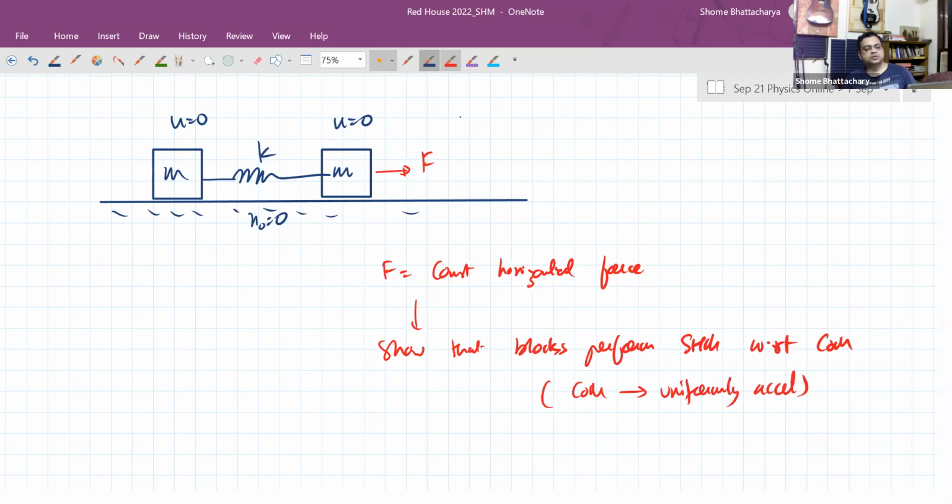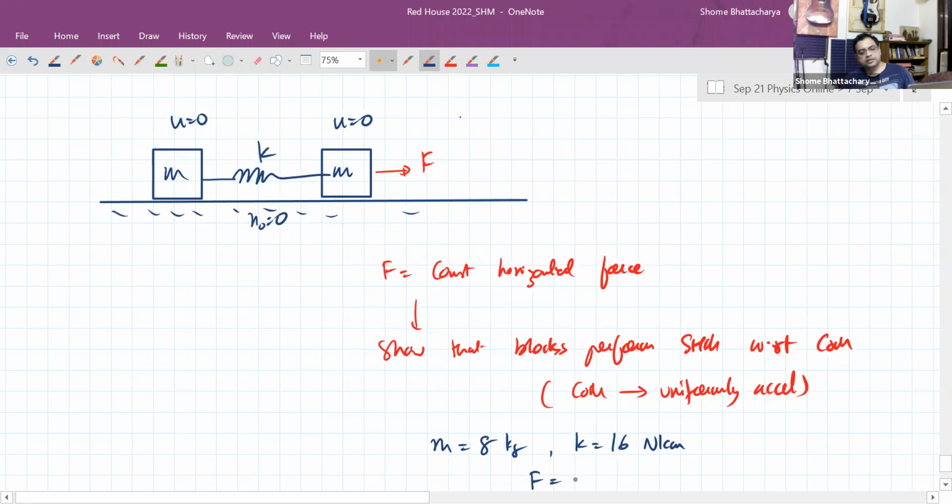And just take some numerical values, for example, take the mass of each block to be 8 kg, the spring constant to be 16 Newton per centimeter, and the force we are applying as 20 newtons. Find the amplitudes, time periods, and all these things of the SHM, the maximum extension and compression of the spring, all these things. So try this for homework.